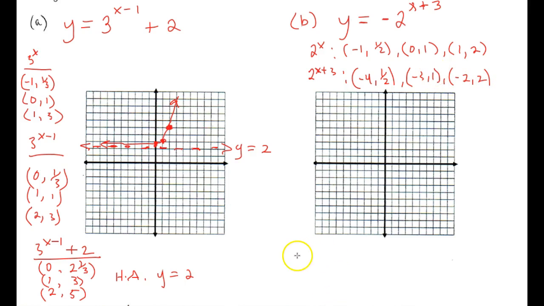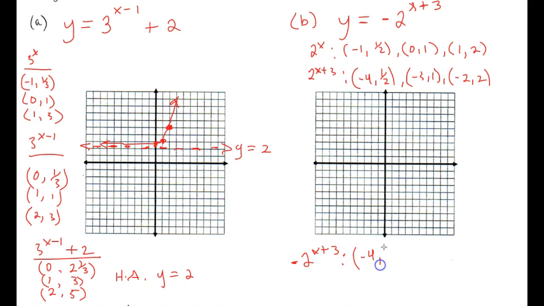And so now the last thing is that we need to apply the negative on there, which is a reflection about the x-axis. So in that regard, we know that all of our y values, which are positive, will now be negative, and if any are negative, they will become positive.